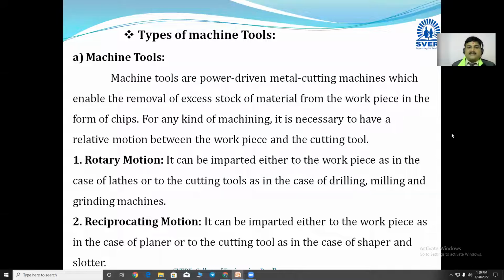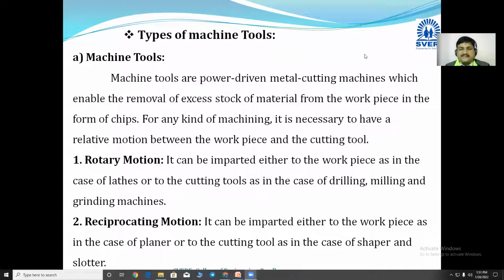For any kind of machining, it is necessary to have relative motion between the workpiece and cutting tool. So here they have mentioned the definition.